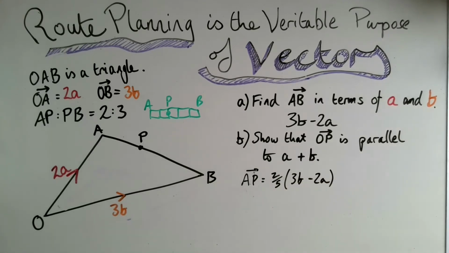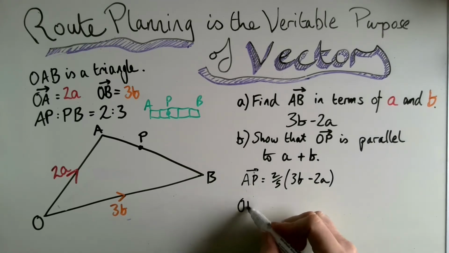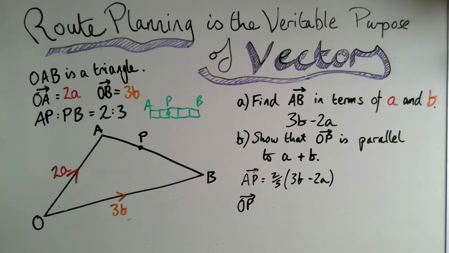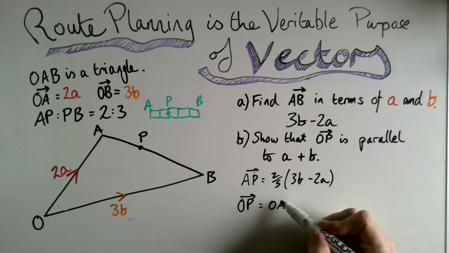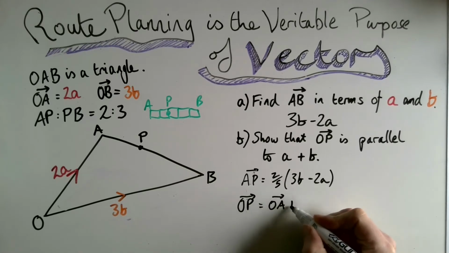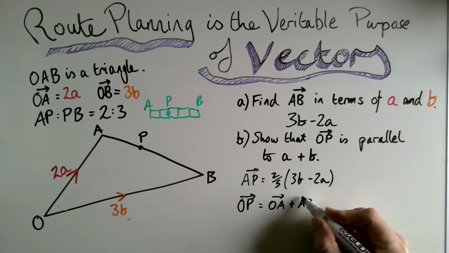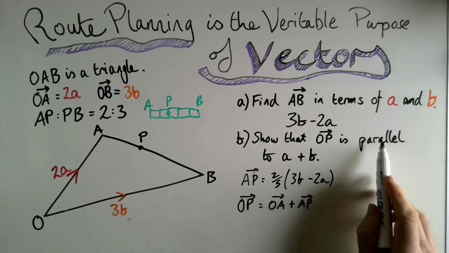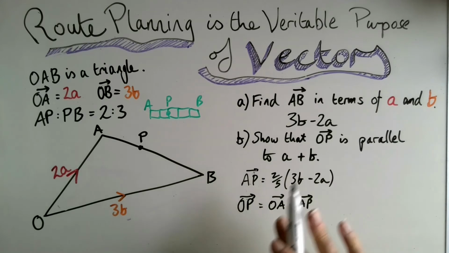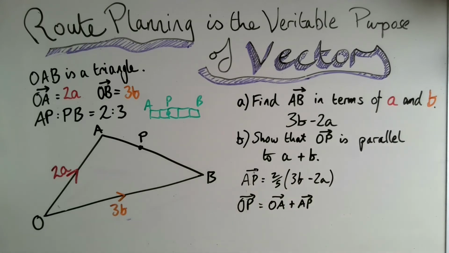times that. That's AP. Now we want OP. And OP, a bit like what we did last time, it's going to be OA plus AP. And if it's parallel to, oh, let's not worry about the parallel bit yet. Let's just define this as we can. So OA is easy, isn't it?